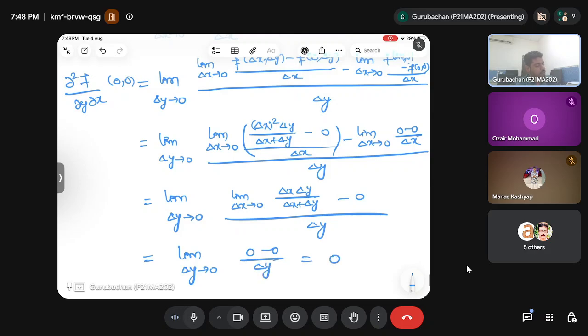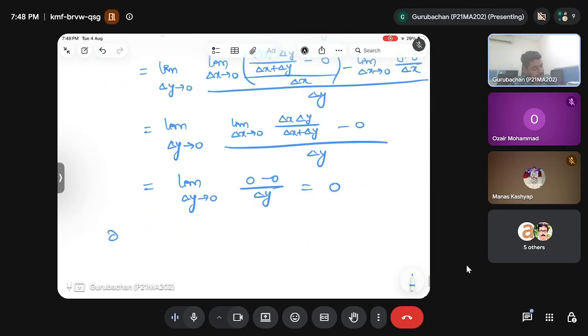So this will be 0. So at the end, del 2f by del x del y plus del 2f by del y del x at 0 0 is the value of this, 1 plus 0, that is 1.